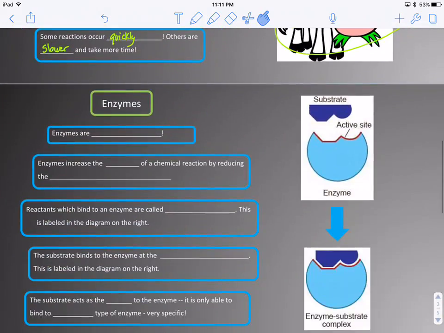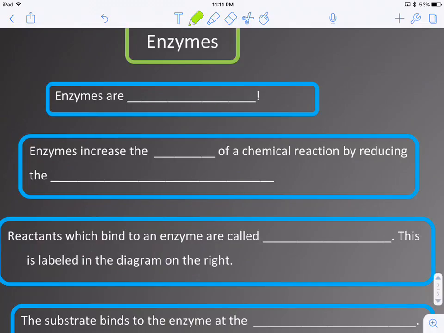So it's really important to remember that enzymes are proteins. Remember, the first time we talked about them was in our macromolecule unit, where we were learning about proteins and how they can be affected by pH or by salinity or by temperature. But yes, enzymes are proteins. And remember, they're able to increase the rate of a chemical reaction.